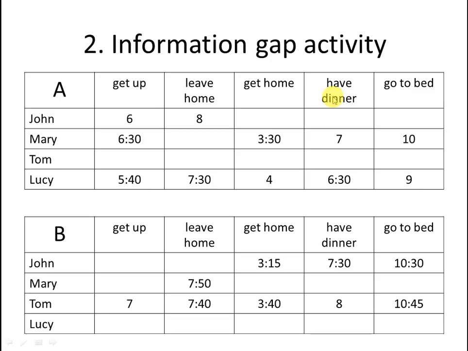And please look at each of these worksheets. They have different information. So for example, the information here on worksheet A is missing. We don't have information here, but on worksheet B, we can find that information.